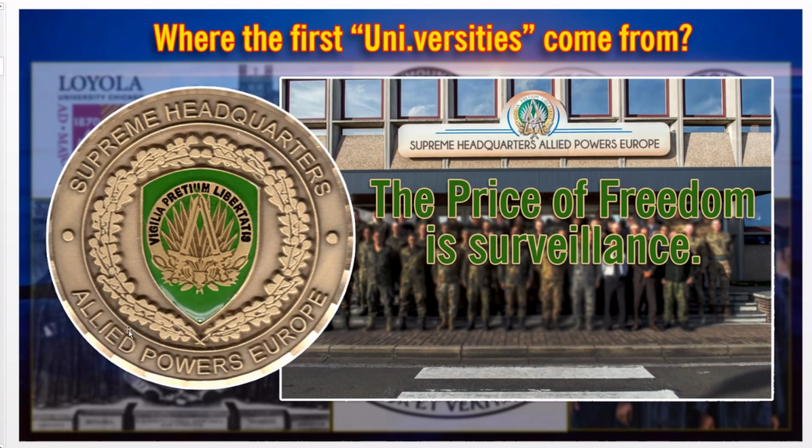And in their own logo, they have Vigilia Pretium Libertatis, which means the price of freedom is surveillance. And this is an institution that is still working. And that is when you start looking at how much the surveillance of the citizens has increased. They tell you to your face: you want freedom? This is the price.